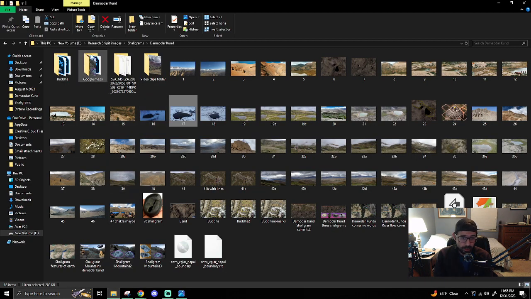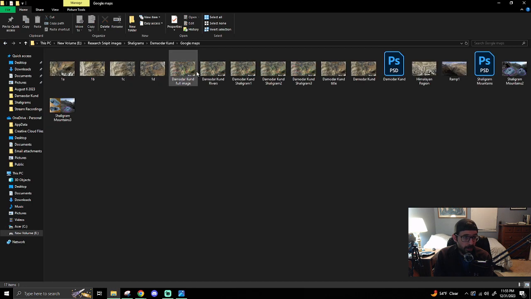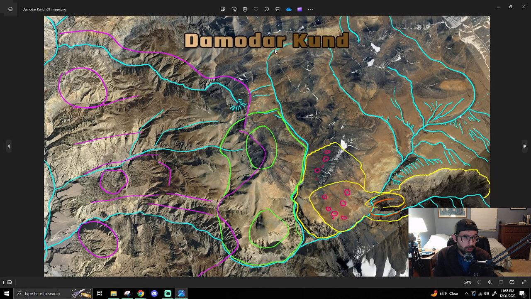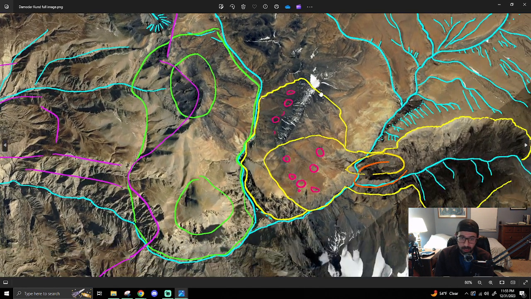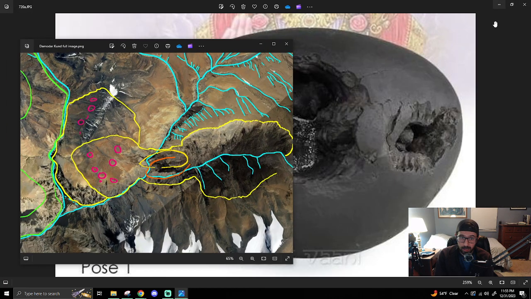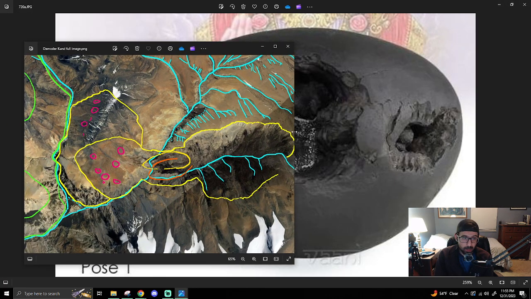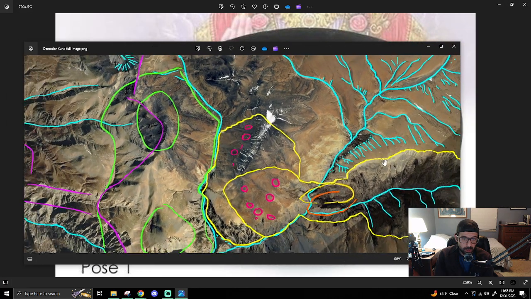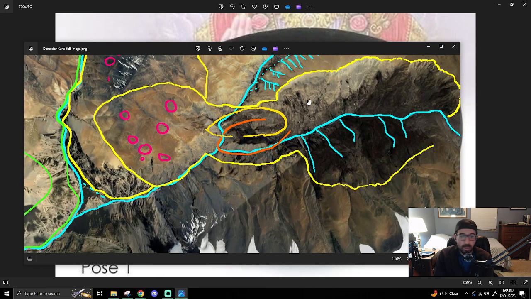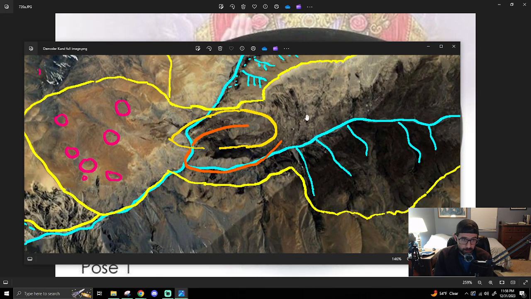I'm trying to think where I have, maybe it's this one. Here's Damodar Kund over here. Here's the lakes right there.